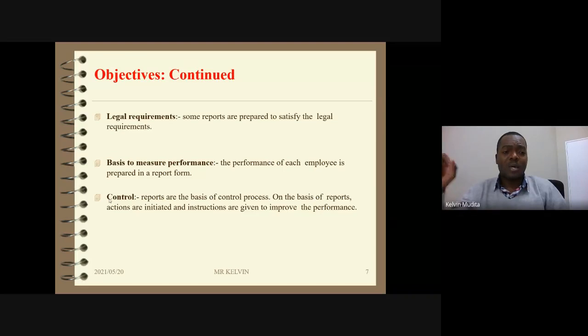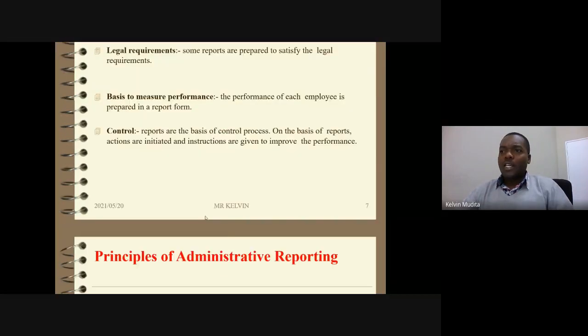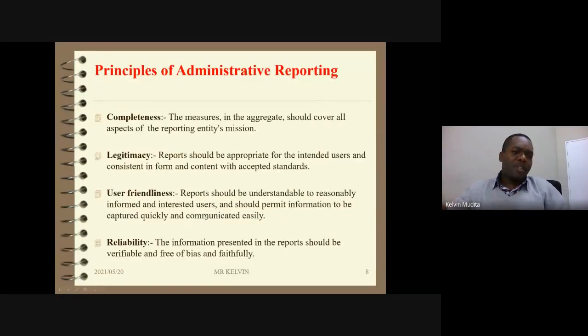That is what we mean by the word control. So it is also a type of reporting that we have. Those are some of the reasons why we need to have reports.